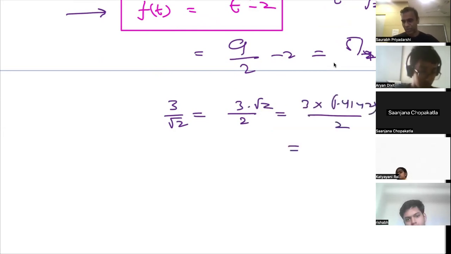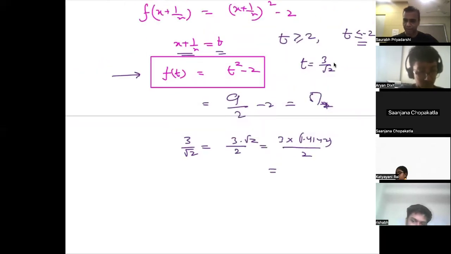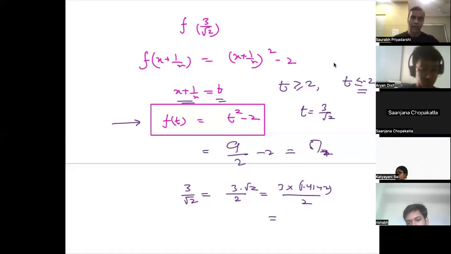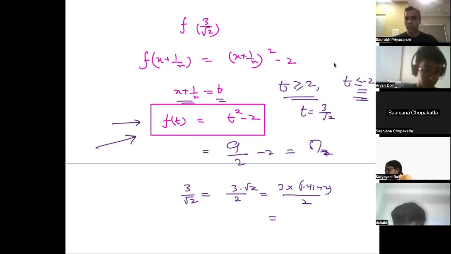So is this value greater than 2 or not? You always have to check whether the domain is satisfied or not. Without doing that, we can't put the values. I hope everyone is getting this.